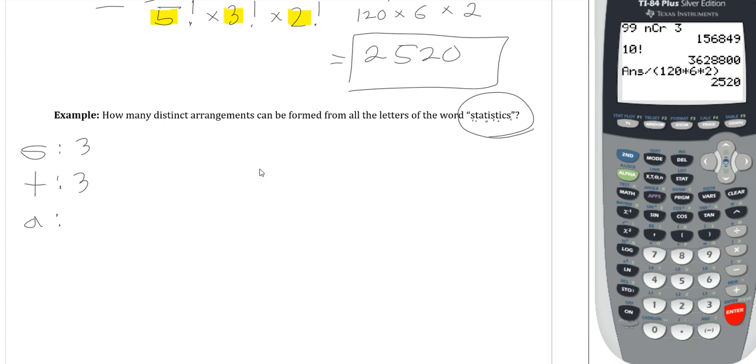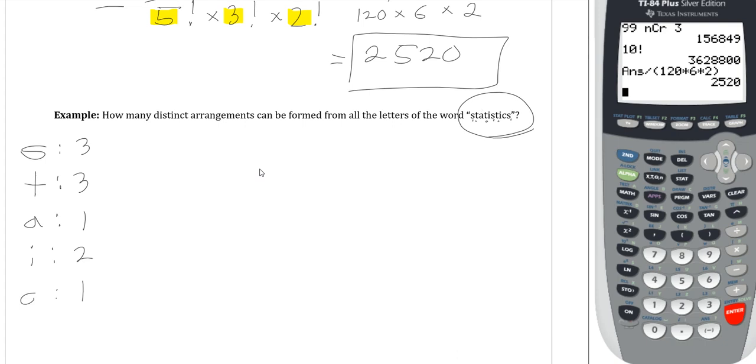A: in this case, there's only a single A in statistics. And we continue to do this for all letters. There's also I's. There's also C's. For I's, I see 1, 2 I's. I also see a single C.